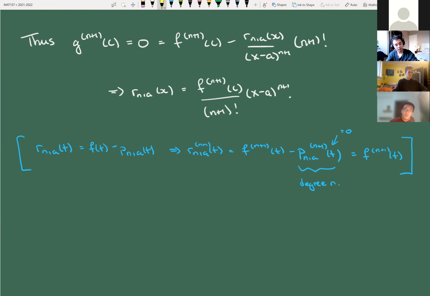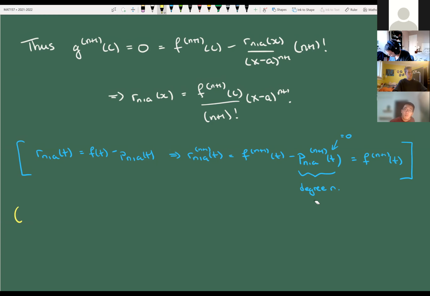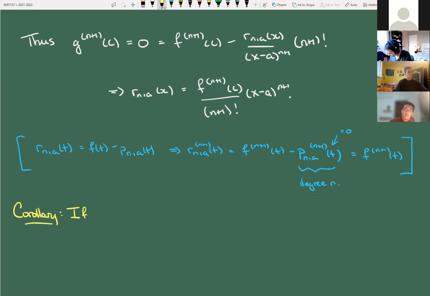So let me just make sure I state this how I want to. Corollary: if f is C^(n+1) on I, a is an element of I, and P_n,a is the Taylor polynomial at a, then P_n,a is a good nth order approximation.